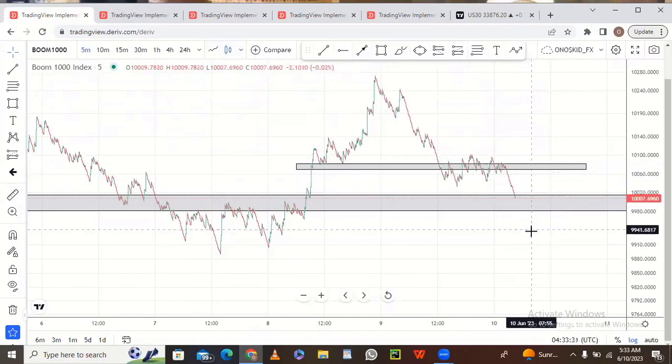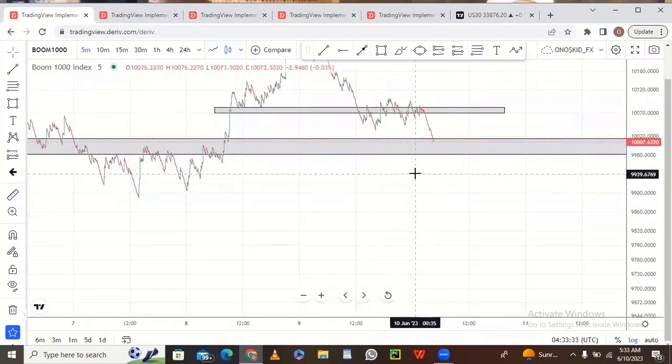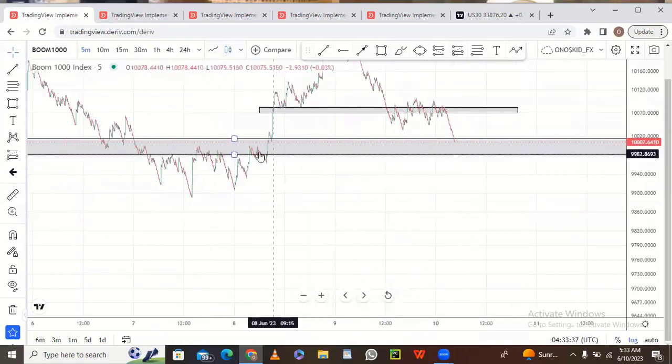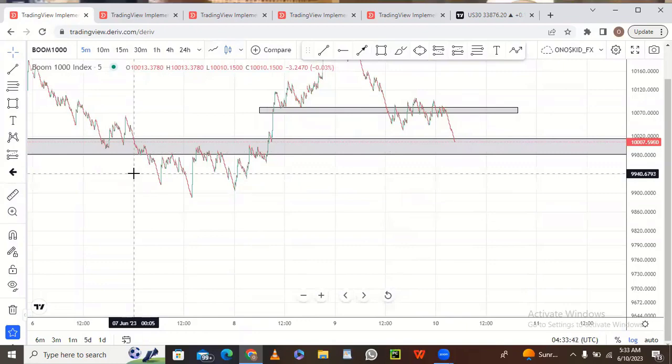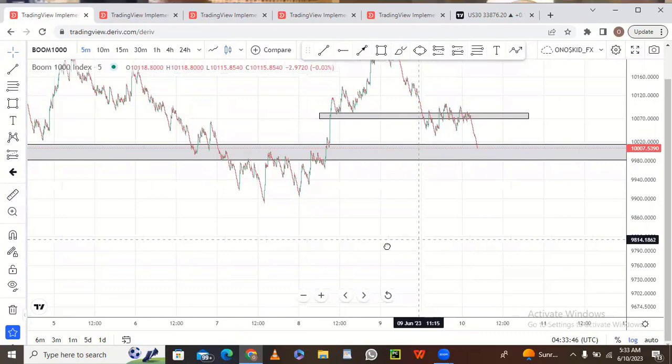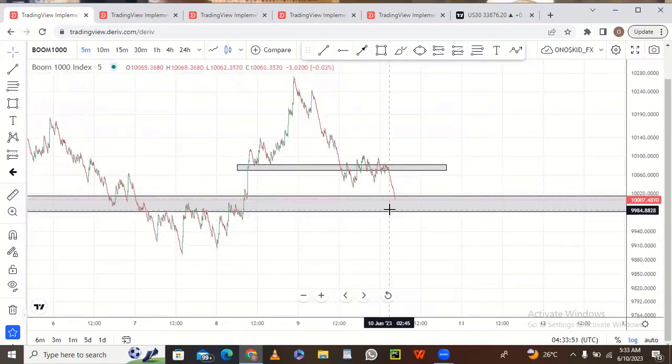You can see that the market has been crashing, so you just have to pay close attention to reactions around this region.